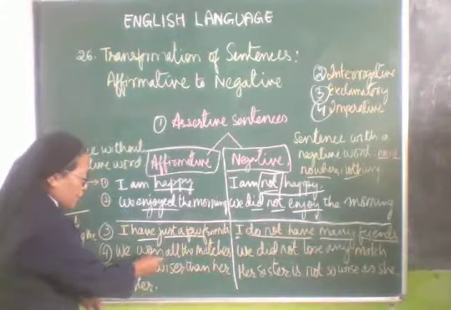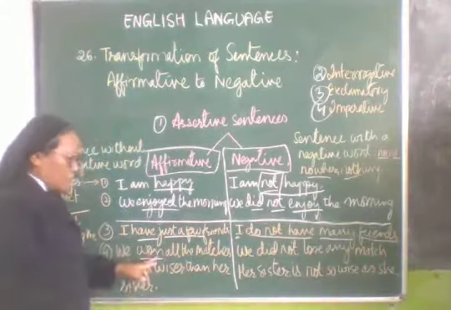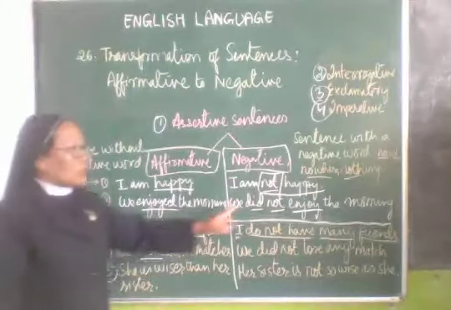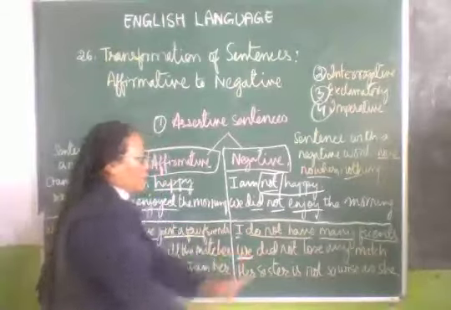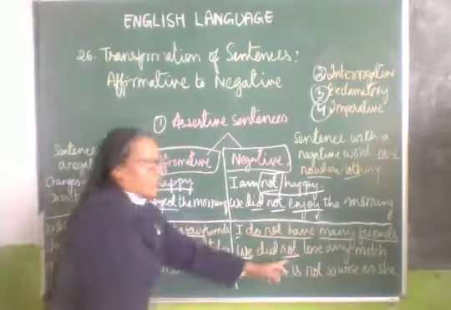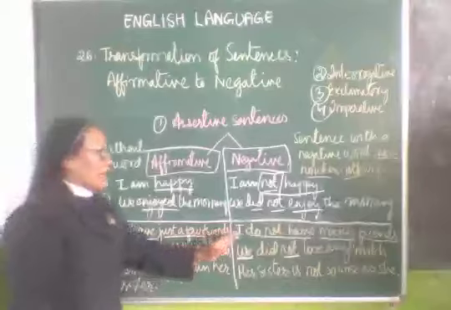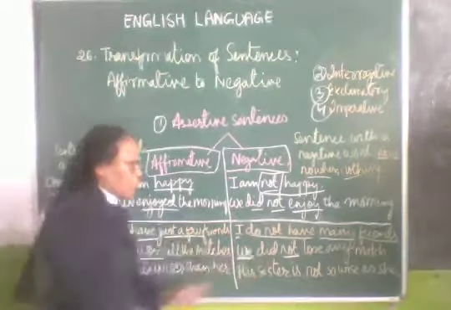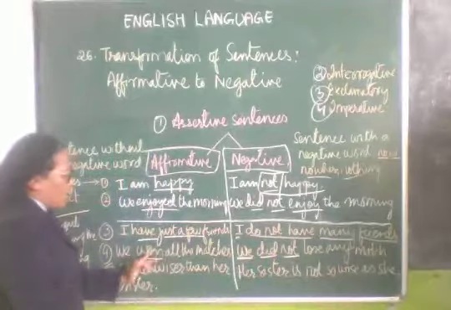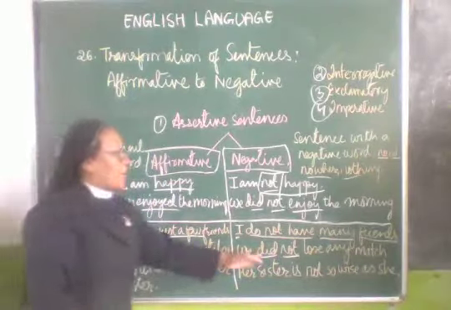Won is simple past, so you are going to use the negative. Because you are using the negative form, you have to take the helping verb in past tense. Since it is past tense, so did not.